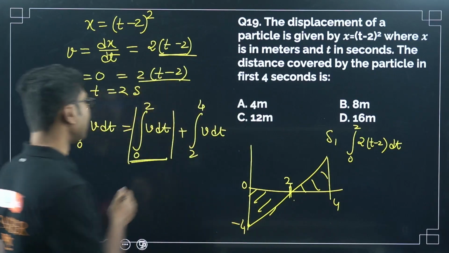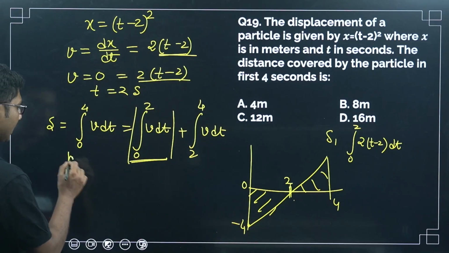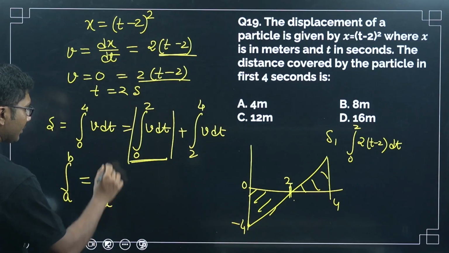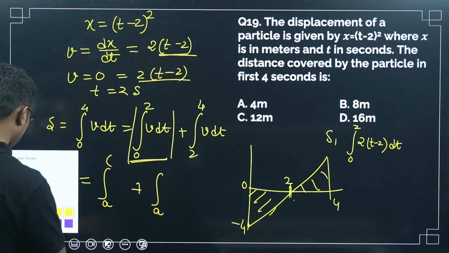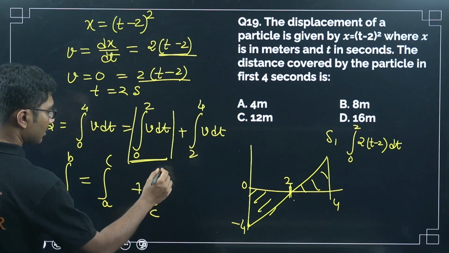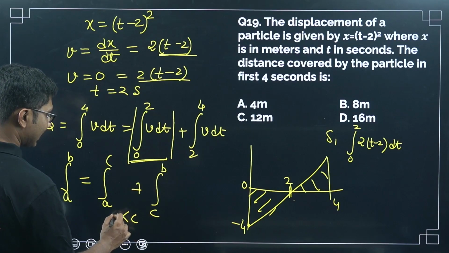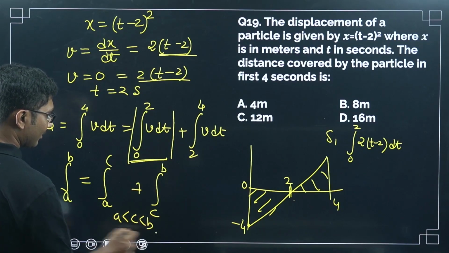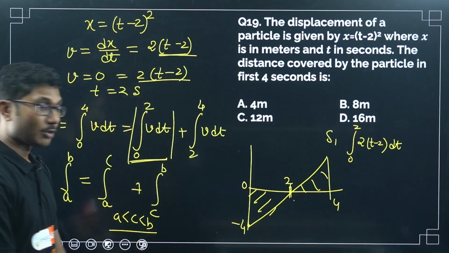I hope you are familiar with this division, right? Integration from a to b can be written as a to c plus c to b, where c is in between a and b, greater than a but less than b. I hope you are aware of this kind of definite integration property.